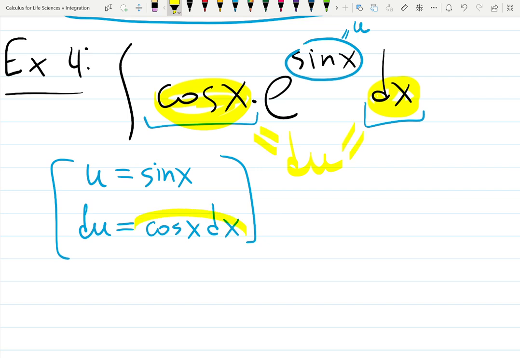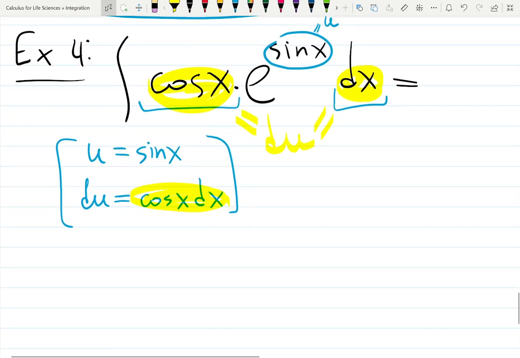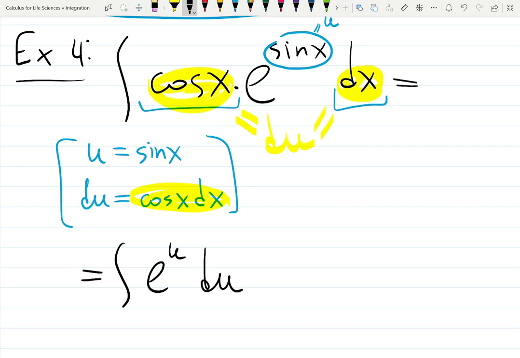So, this piece. When I chose sine to be u, cosine x dx now immediately disappears and becomes du, which is much easier than to have trigonometrics everywhere. Now observe, we had 2 trigonometric functions. We're going to get rid of them both. It's going to be e to the u du. It's like the easiest integral you can imagine.